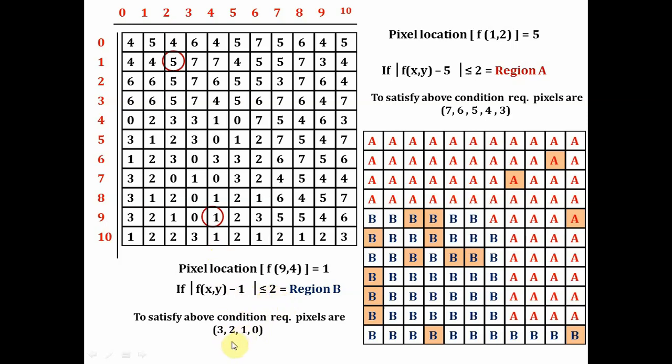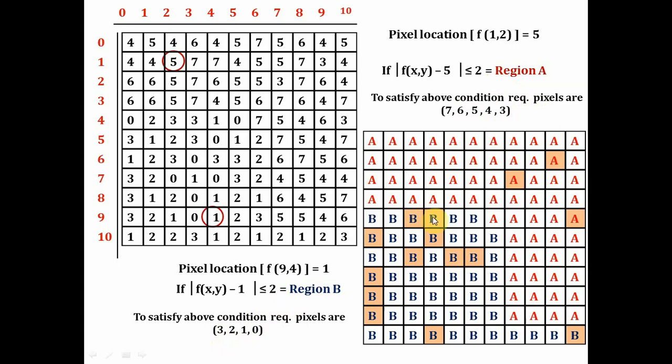Now in this problem you will be able to understand that the 3 is shared in region B as well as in region A, meaning 3 shares similarities with both region B and region A. Now how to denote region A and region B for intensity value 3?